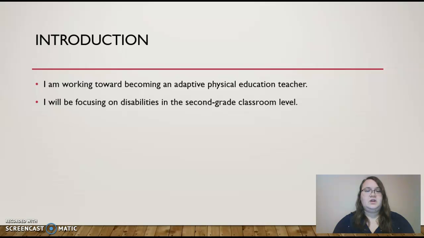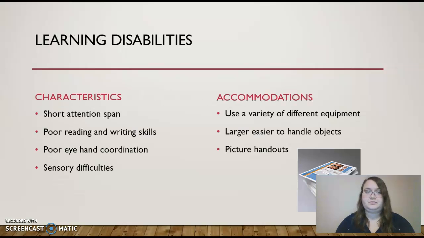I'm currently working on becoming an adaptive physical education teacher, so I'll be focusing on disabilities at the 2nd grade classroom level. The first learning disability is characterized by short attention span, poor reading and writing skills, poor eye-hand coordination, and sensory difficulties.